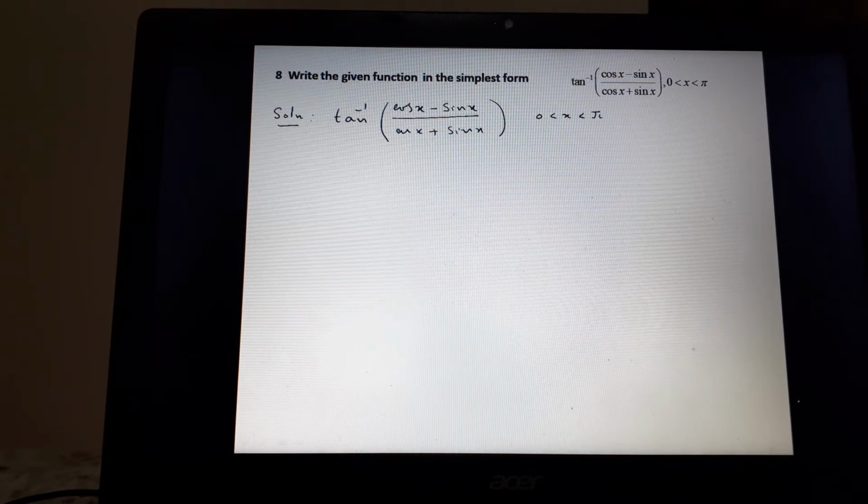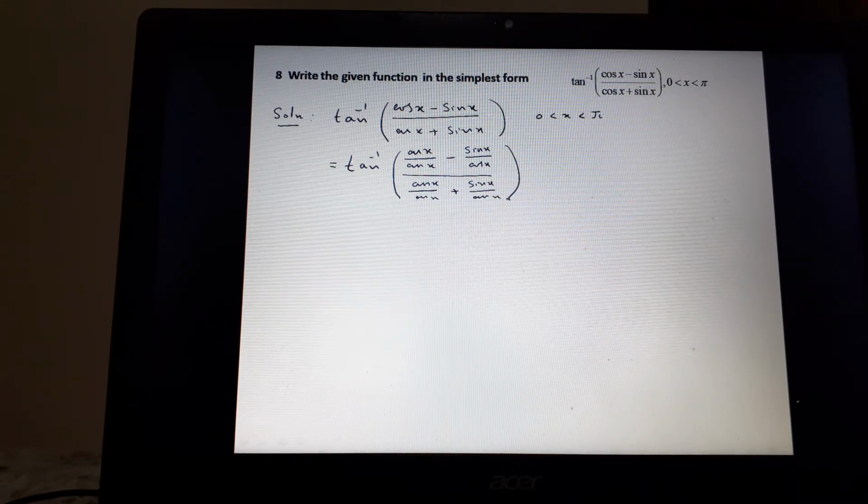So here the expression inside itself is in terms of trigonometric functions only. So the idea is this should be written in terms of tan. Now tan inverse of, what we do is we will divide everything by cos x. That means cos x by cos x minus sin x by cos x, and here also cos x by cos x plus sin x by cos x.